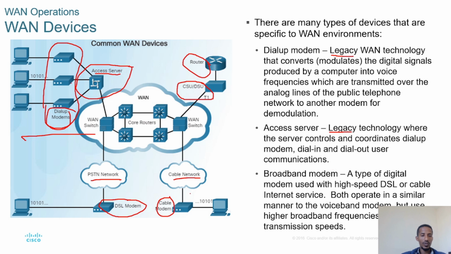And the broadband modem we usually use with the public switch telephone network, the usual telephone networks. The broadband modem enables us to transfer the digital subscriber line at high speed. It's more or less similar to the voice band modem, but here you have transmission speed and high broadband frequency.